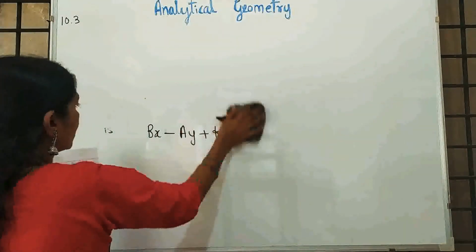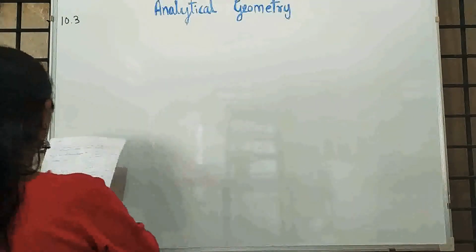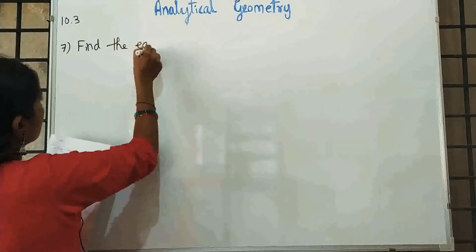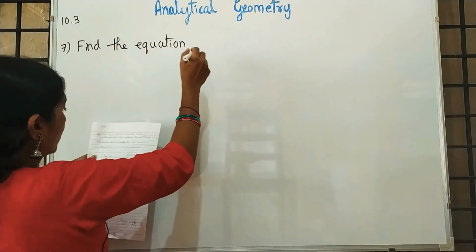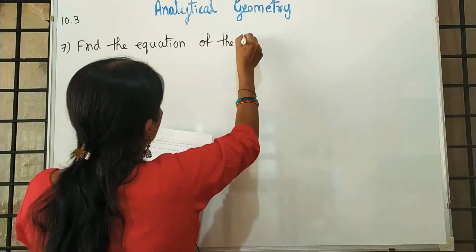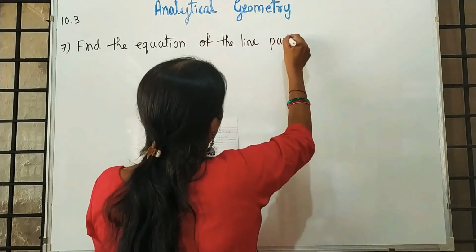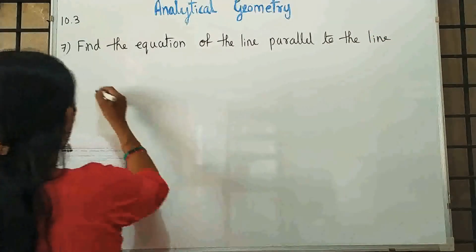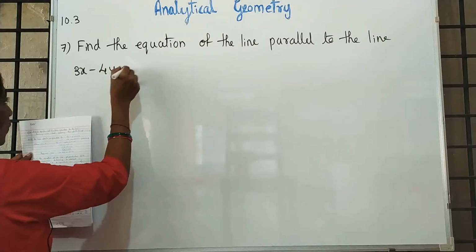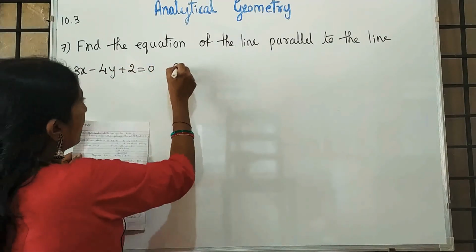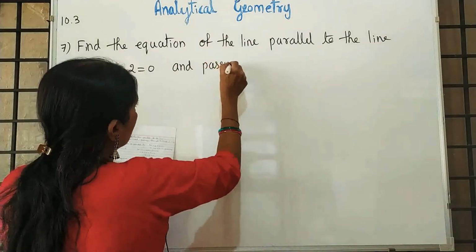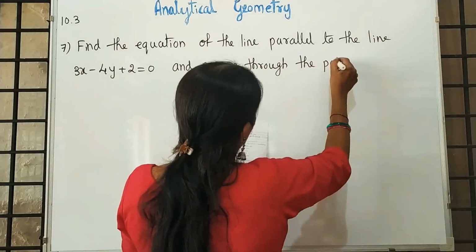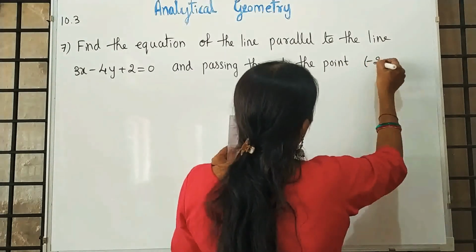In the exercise, the 7th question: find the equation of the line parallel to the line 3x minus 4y plus 2 is equal to 0 and passing through the point (-2, 3).